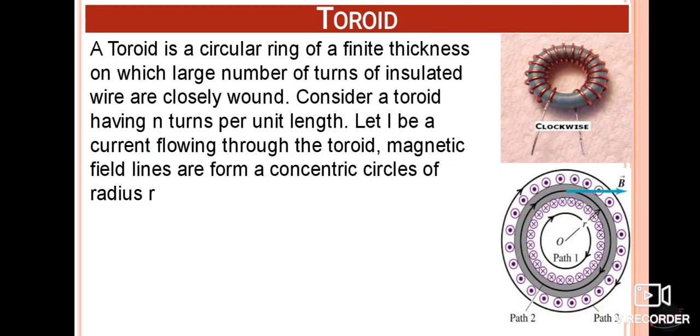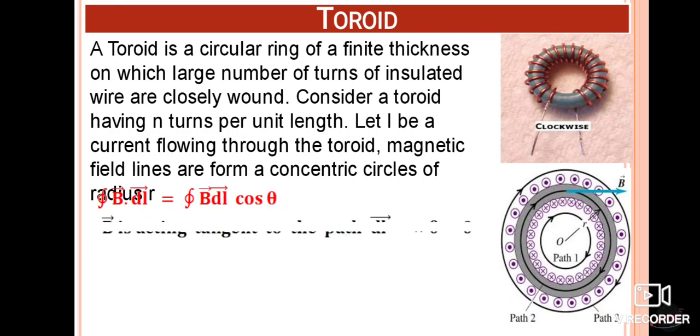Then let I be the current flowing through the toroid. Then the magnetic field lines form concentric circles of radius r. Then we can write the line integral B dot dl is equal to B dl cos theta. B is acting tangent to the path dl, both are parallel, therefore theta is equal to 0.